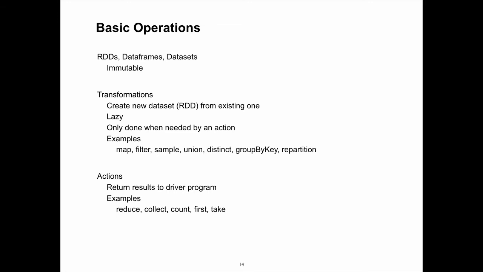And all these are done lazily. So you say transform, transform, transform, transform, and it doesn't do anything until you actually perform an action. If you perform an action on one of these data structures, that will trigger all the transformations to be done, and the results are then brought back to the master node.